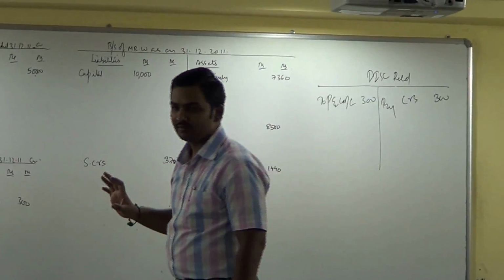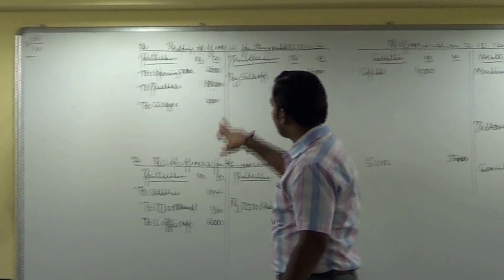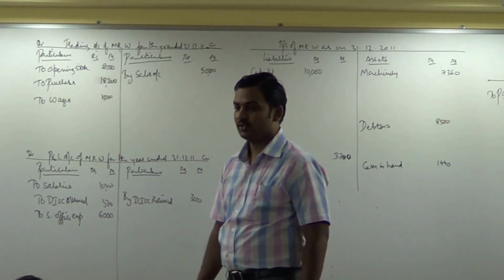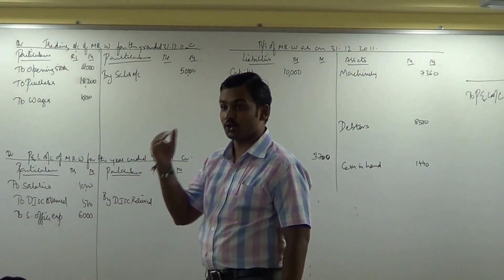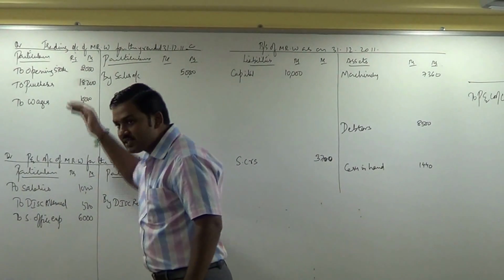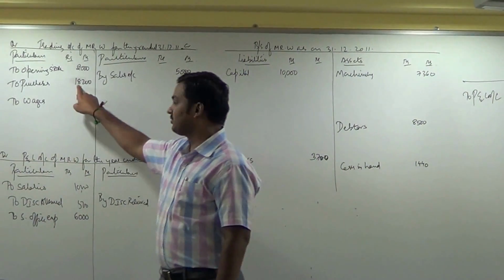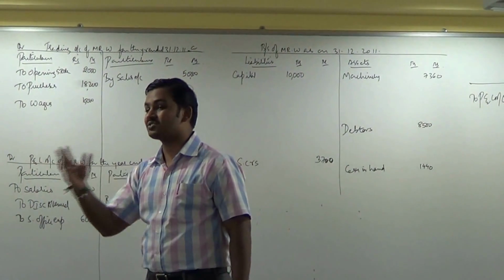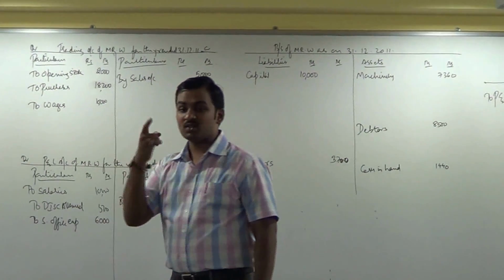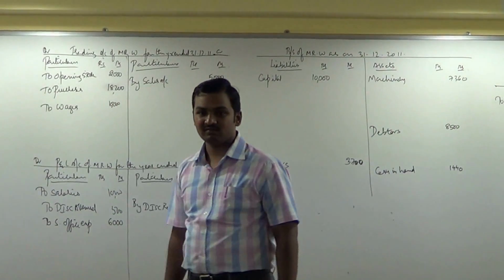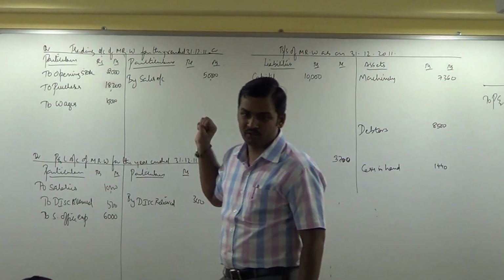But I know that out of this, stock worth 2,700 is not yet sold. So the cost price of goods sold is lower than this amount by 2,700 rupees. The cost price of goods not sold cannot be debited here. It has to be removed.